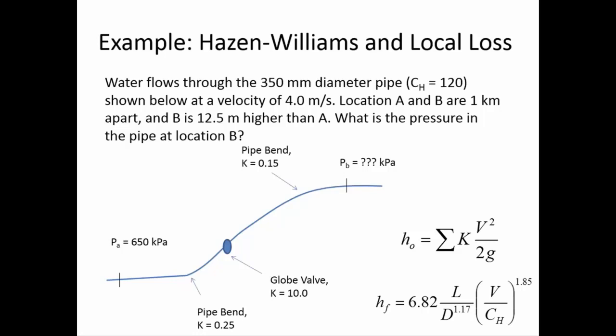Now what about HP? What does that stand for? It's energy added from a pump. In this problem, we're going from 1, where the pressure is 650 kPa, that's location A. Location B is 2 in the energy equation. There's no pump here, so we can cross that out.